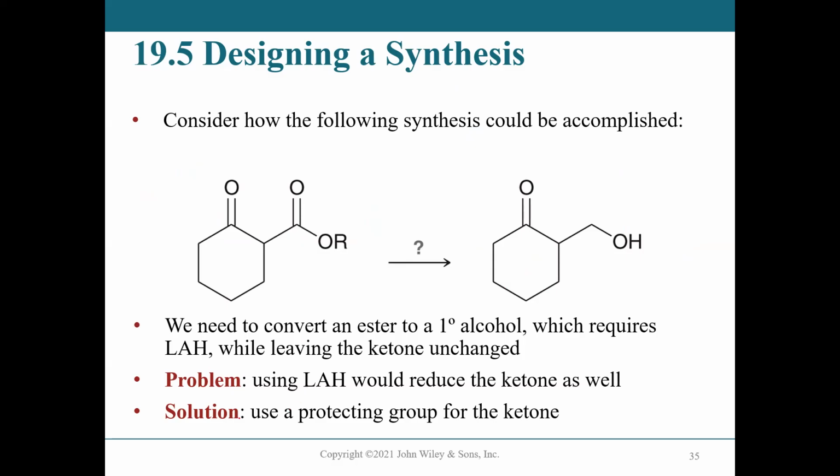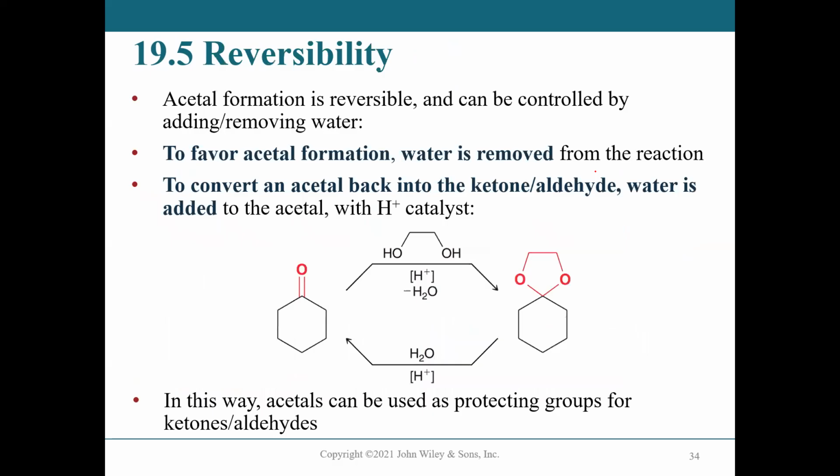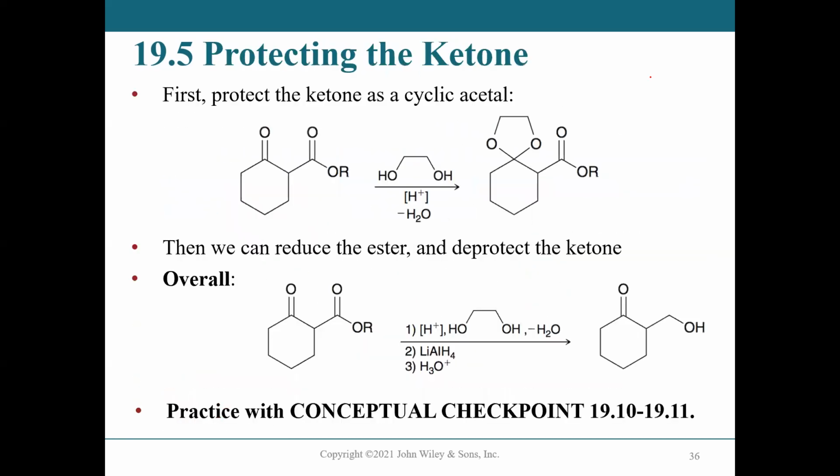So to do this reaction, they're saying to use a protecting group for the ketone. So first, you're going to protect the ketone. Remember, we talked about how to go back. If we just add water, we're going to generate our ketone back. So we can protect our ketone now. Then we can reduce the ester.